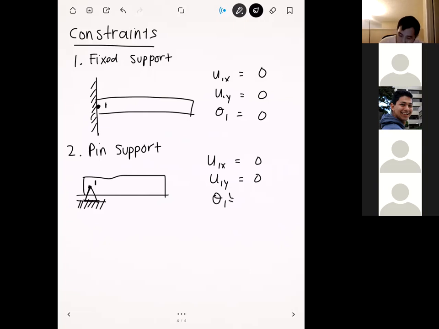But our rotation here is not going to be constrained, okay? Because the thing about a pin is that it's free to rotate. And so if we pin it, then that's going to place no restriction on the rotation. Okay. And so when we go to do problems, for a pin support, we're not going to apply a Dirichlet boundary condition on theta. Okay. And you'll see how that works in the next problem.